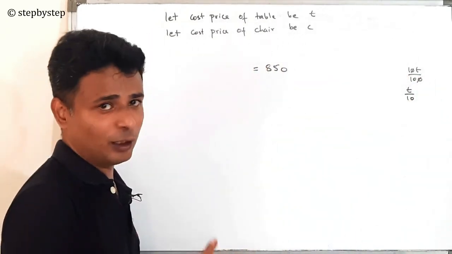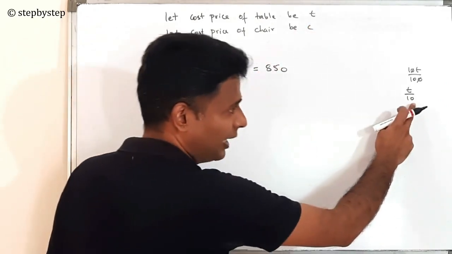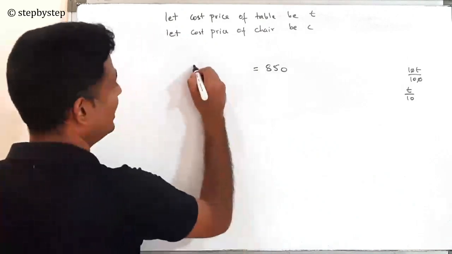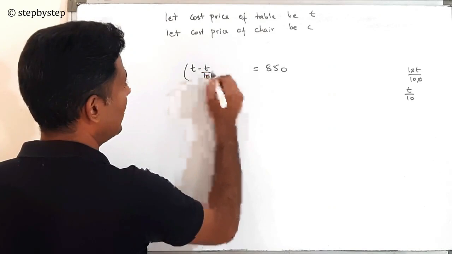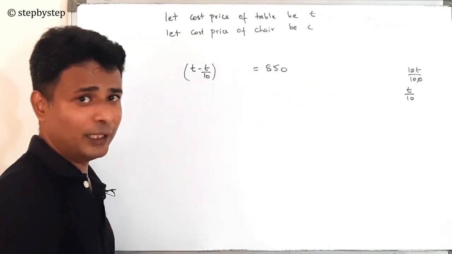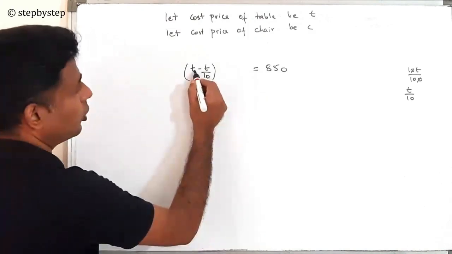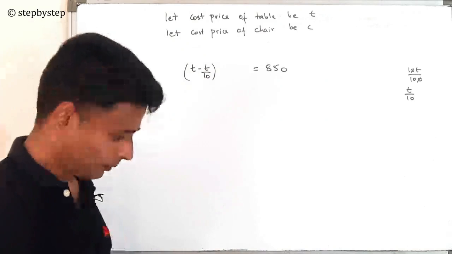So how much has he sold it for? He made a loss of 10%, which means he sold the table for T minus T by 10 rupees. This is how much he bought it for, but he has sold it at a 10% loss.